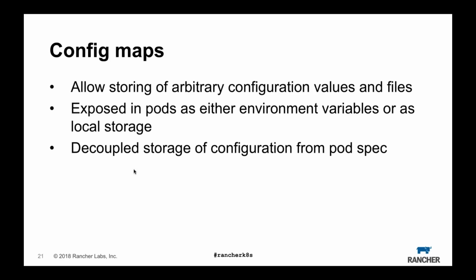A config map is just going to be key value pairs, pretty much, exposed in pods either as environment variables, which you can define in the YAML file, or as local storage, so you can mount the config maps as well.